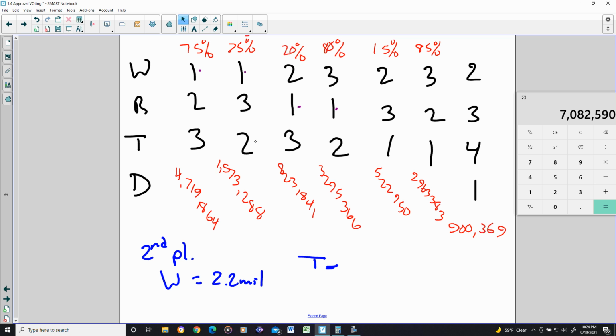Taft's second place votes 1.5 million, and here he's got about 3.3 million. So he's got 4.5 million, a little bit more, about 4.7 million second place votes.